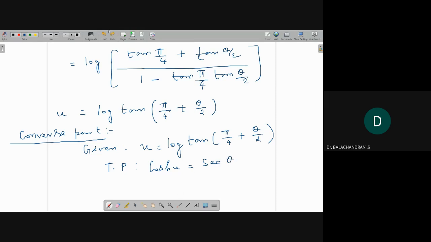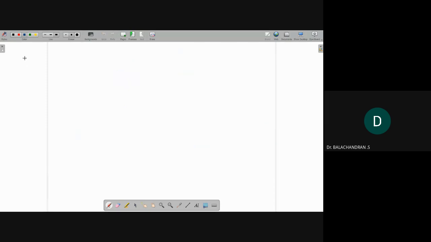So consider this one. I'll write in the next page. Consider u equal to log tan of pi by 4 plus theta by 2.